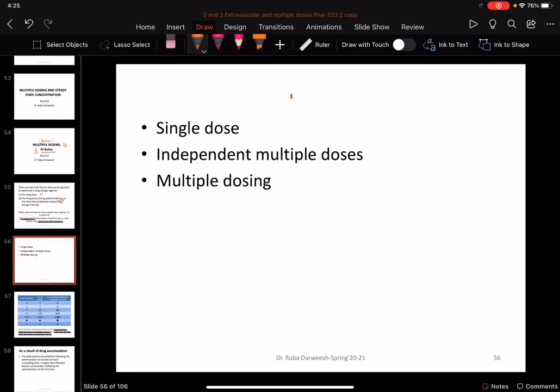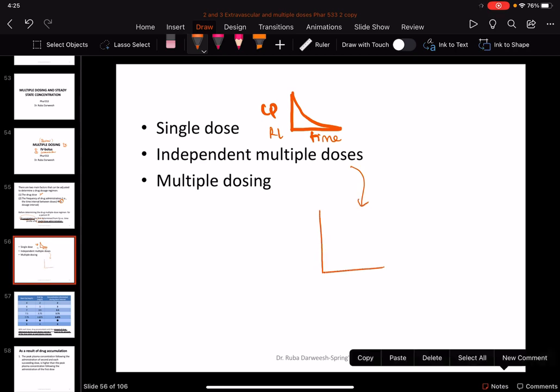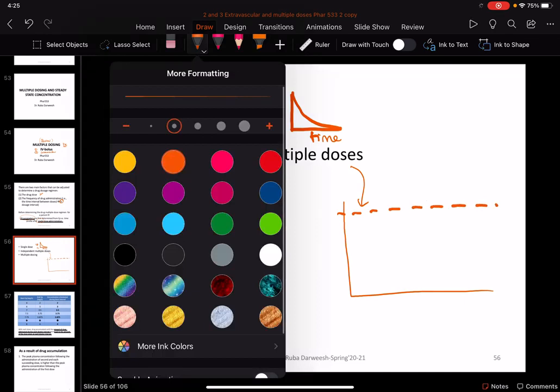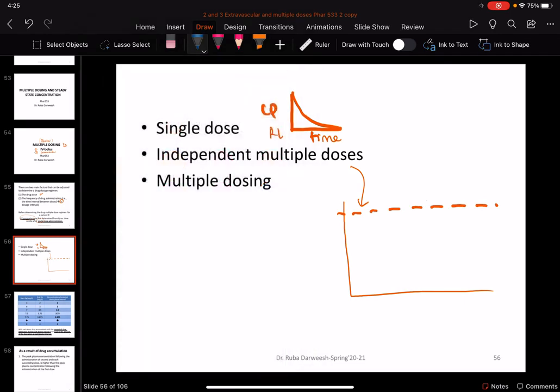And if we're talking about IV bolus, if we remember, this is our dose, if we are talking about CB versus time on a rectilinear profile. And then we explained the idea of multiple doses, but independent doses, in which if we are talking about CB node here, then we have the first dose, and then let's say that we started here, this is the second dose.